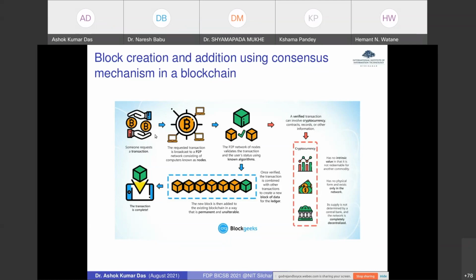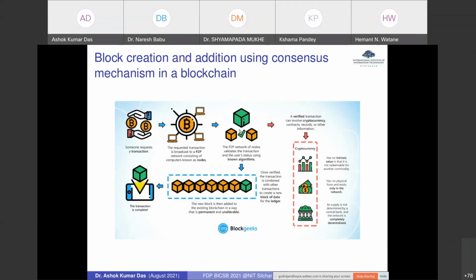Then the Bitcoin is broadcast among all the peer-to-peer nodes in the network. Applying proof of work, the peer-to-peer network of nodes validates the transaction and user status using the POW consensus algorithm.